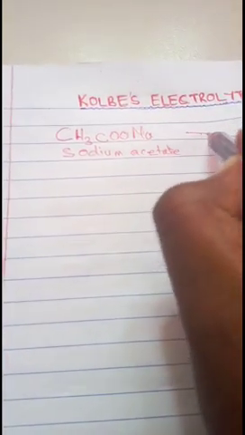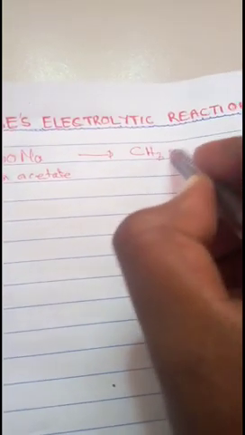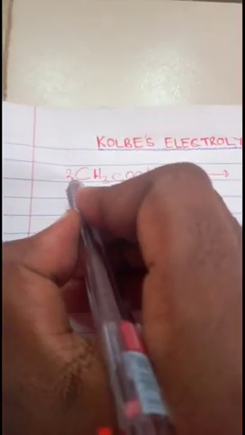So when this is under electrolysis, we are going to produce acetate ion, CH3COO-, plus sodium ion. So we have to use 2 moles of sodium acetate.